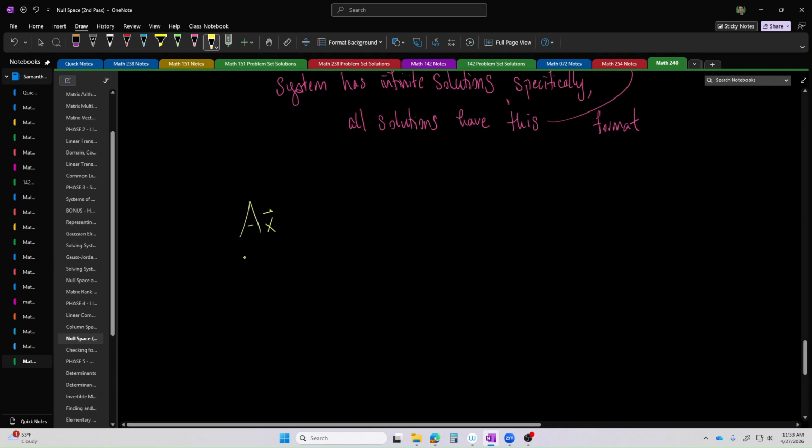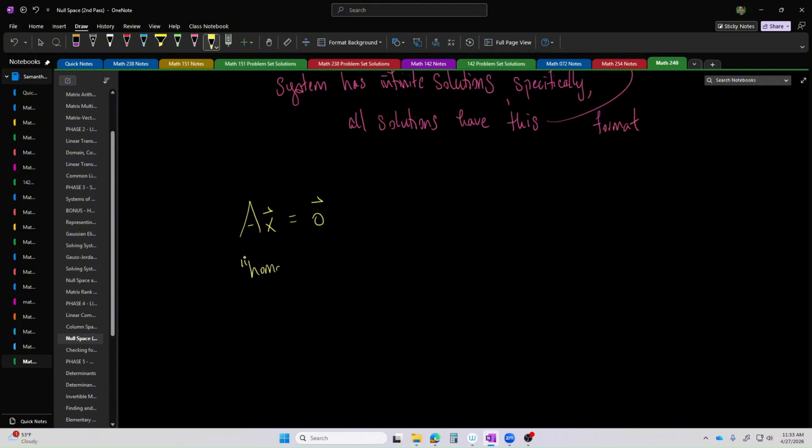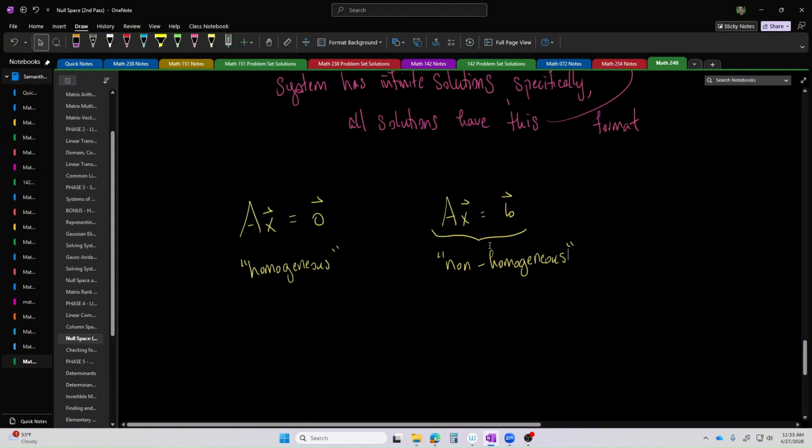An equation of the form Ax equals 0 that would appear when you're studying null space is sometimes called a homogeneous equation. And Ax equals b, where b is anything other than 0, is sometimes referred to as a non-homogeneous equation, just matching the language used in differential equations.